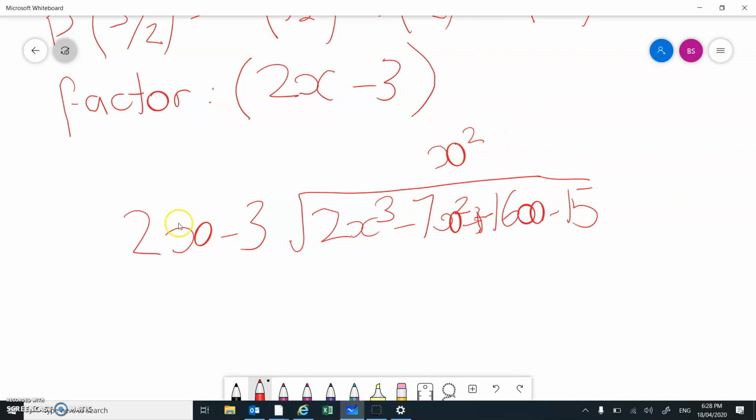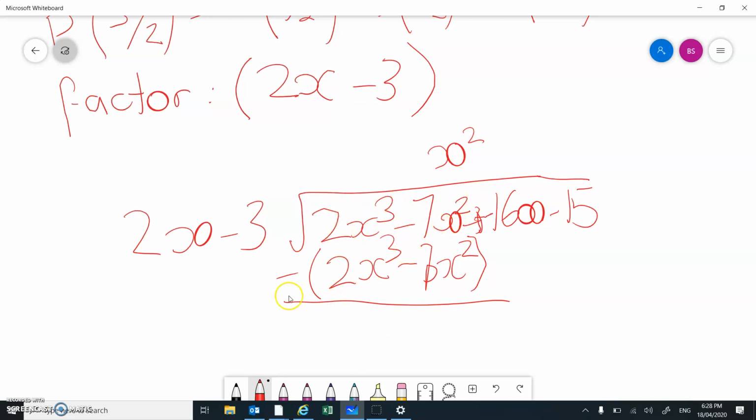We multiply that by the first term and we get 2x cubed. We then multiply that by the second term, so x squared times minus 3 gives us minus 3x squared. We then do our subtraction. This first bit is our check. It should always give us 0, which it does.